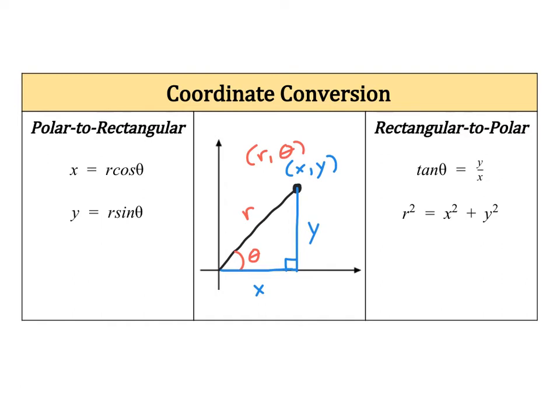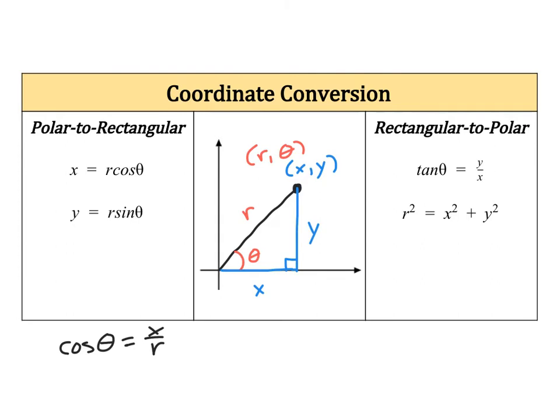So let's say we're converting from polar to rectangular. If all we know is the angle and what looks to be like a hypotenuse of a right triangle, we can find these two values using basic SOHCAHTOA. I can ask myself, okay, if I want to find the adjacent value and I know the hypotenuse, I'm going to use cosine. So I can say the cosine of theta equals x over r, and if you multiply both sides by r, you have x equals r times cosine of theta.